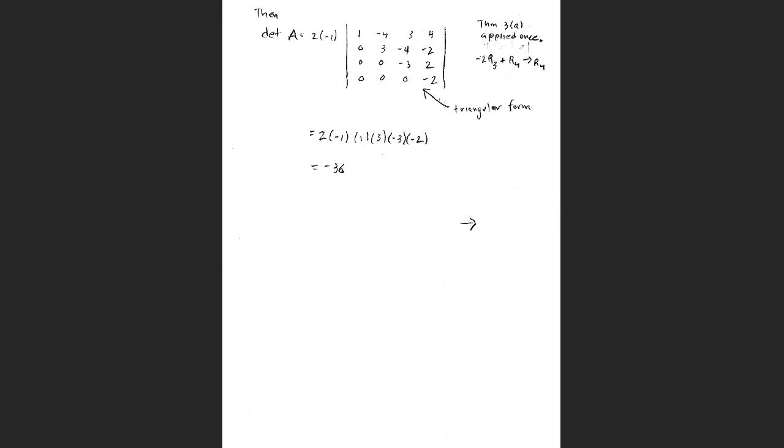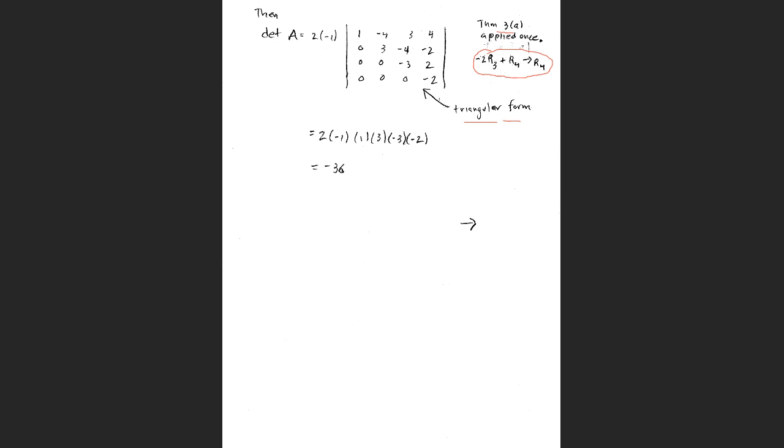So, okay, I did that row operation. Negative 2 times the 3rd row, added it to the 4th row. Again, that's applying theorem 3a 1 time. So now the matrix is in triangular form. And now cofactor expansion is easy, right?